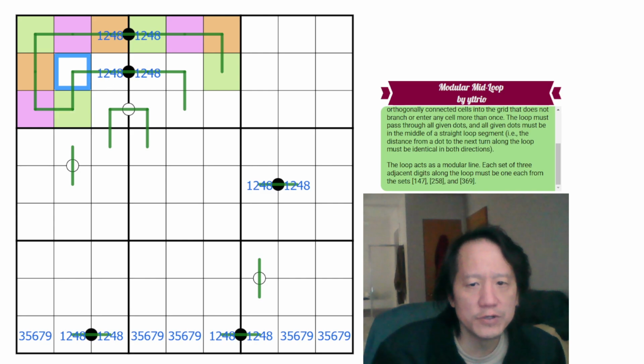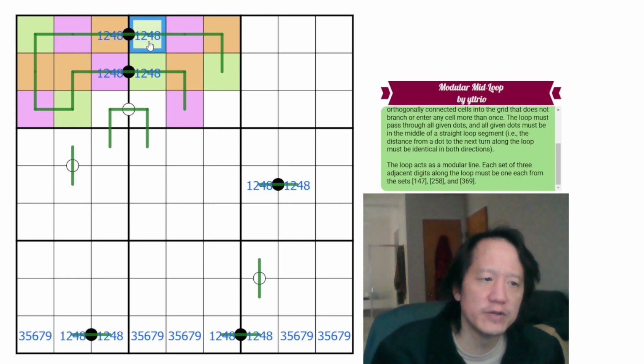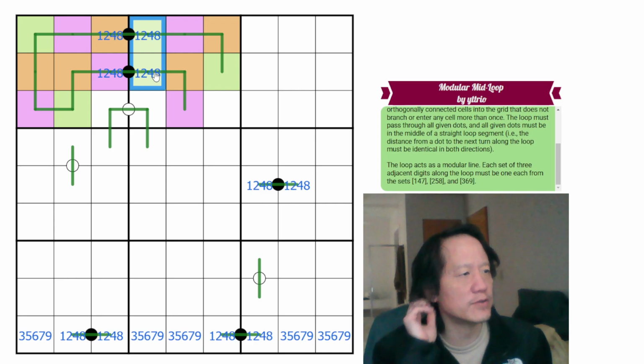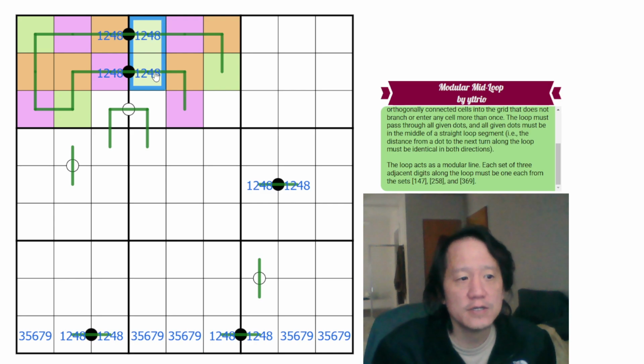Then this would be orange because it's 3 away. And then this would be pink. Then this would be green, again, because that's 3 away. This would be orange, and this would be pink. But the problem is, these two have to be different digits, right? So therefore, it has to be either 1, 4 or it's 2, 8.